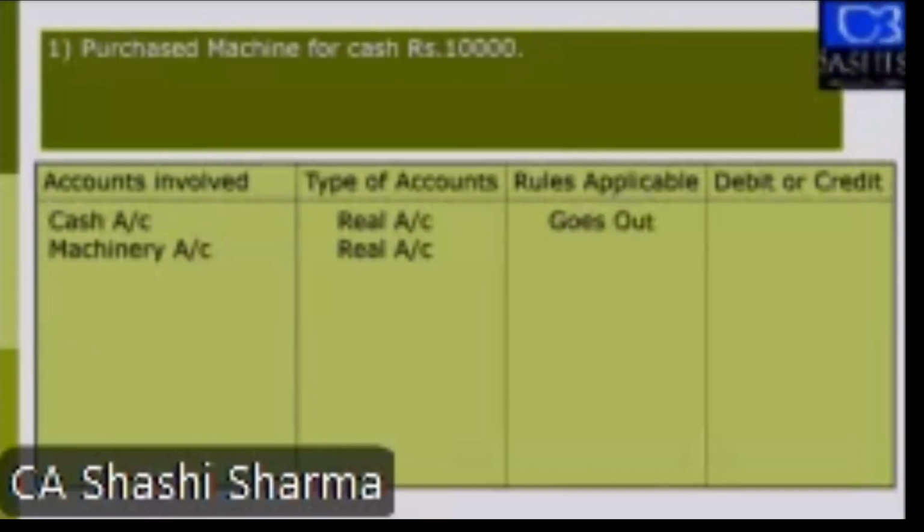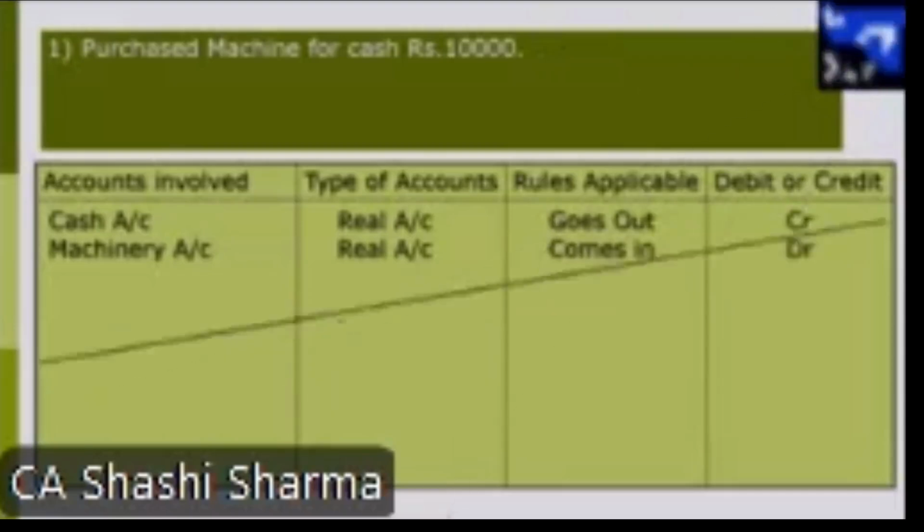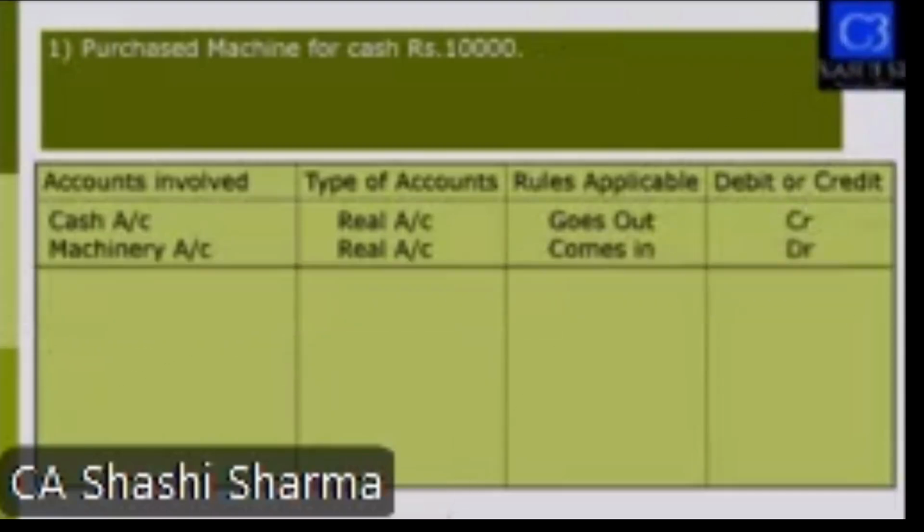So we will write goes out against cash. And against machinery, this machinery is coming into our business. The thing going out of the business is always credited, and the thing coming into the business is debited. So finally, we have decided which account will be debited or credited.